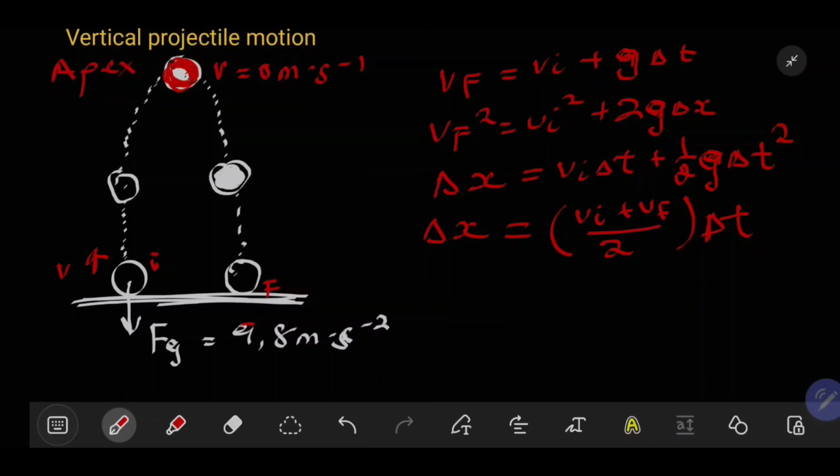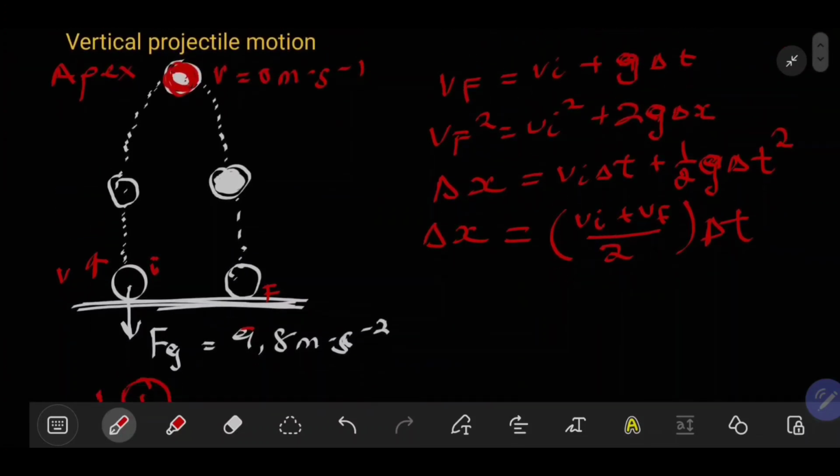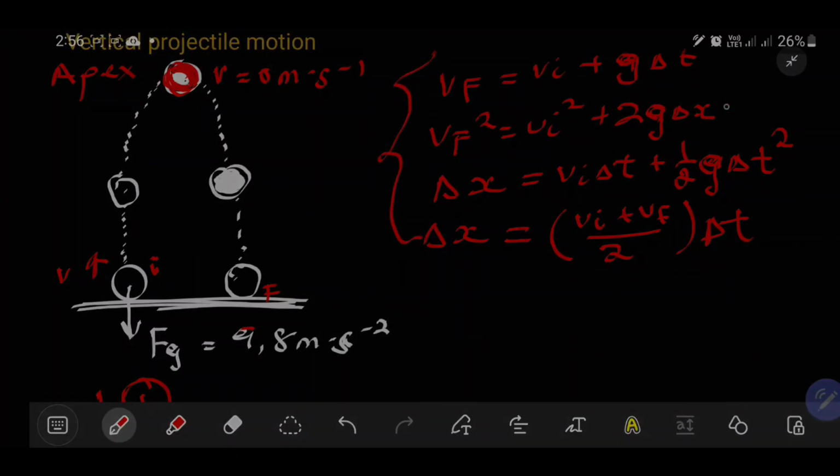So if you take the motion going down as positive, then it means any motion going up must be negative. So I think we should check an example and see how we can apply the big four equations.